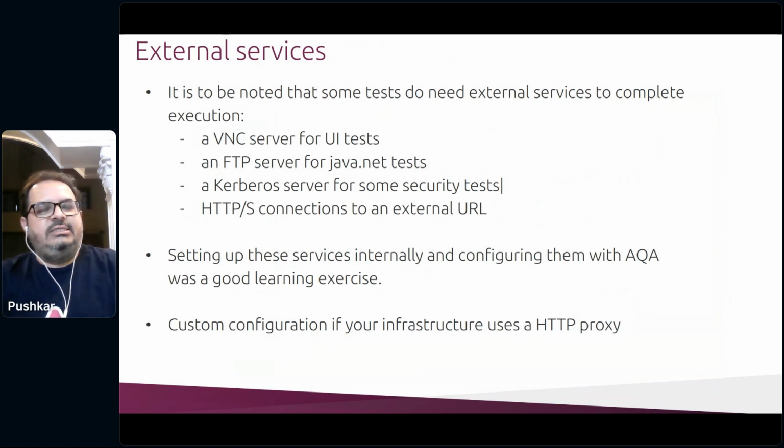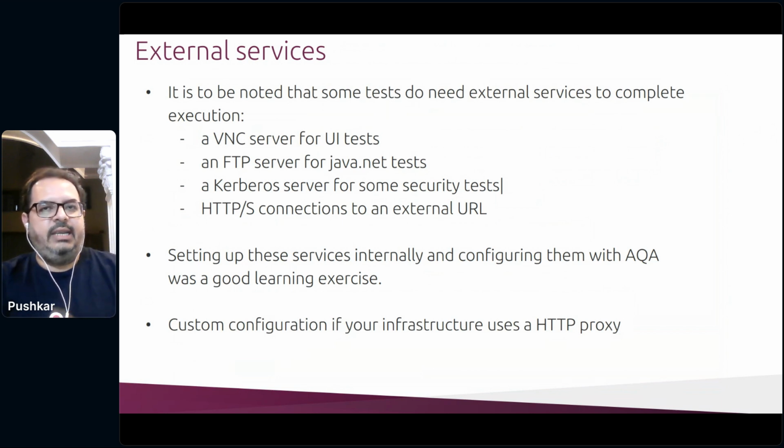There are some tests which need external services. This was another point where I was a little confused about what was happening. So the UI tests will need a VNC server, and I'm not talking about the interactive tests, which we will come to later. These are automated UI tests which need a VNC server. I think setting up a VNC server was not difficult, but the next 2 points were somewhat not clear.